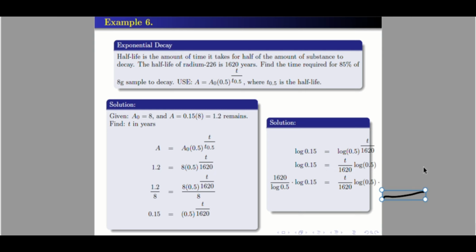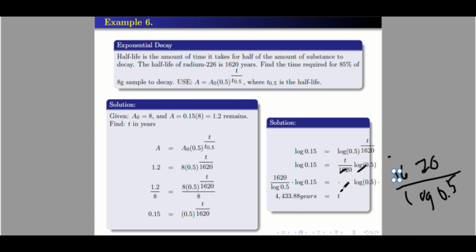So it can't be seen here, but there is an expression there. So I will write it again: 1,620 divided by log of 0.5. So cancel, cancel, cancel, cancel. So we're left with t. Now you multiply all of this.